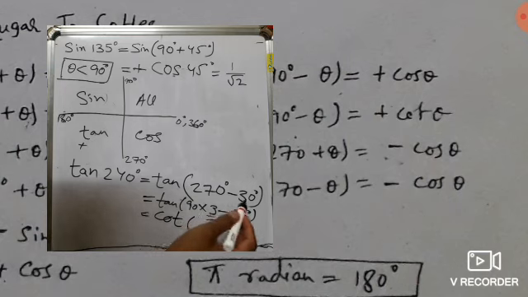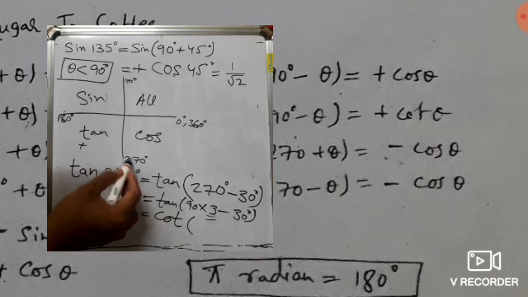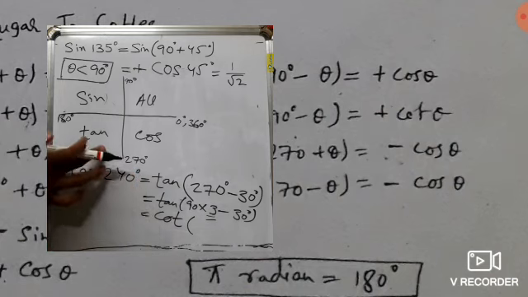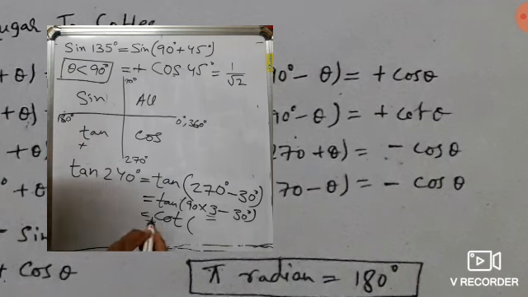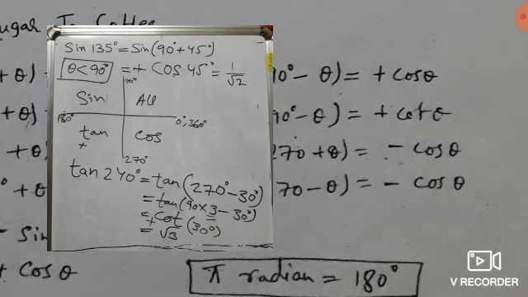Now 270 minus 30 falls in the third quadrant, where it is positive. So here it will be a positive sign, and the angle will be 30 degree. Now what is the value of cot 30 degree? It is root 3, because tan 30 degree is 1 by root 3 and cot means 1 by tan. So the answer will be the same.